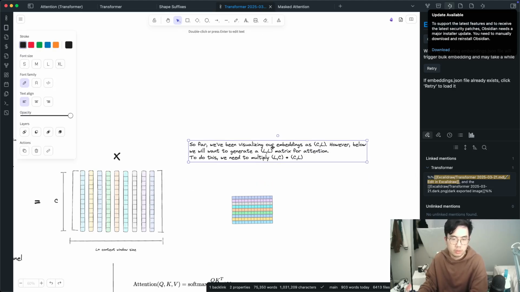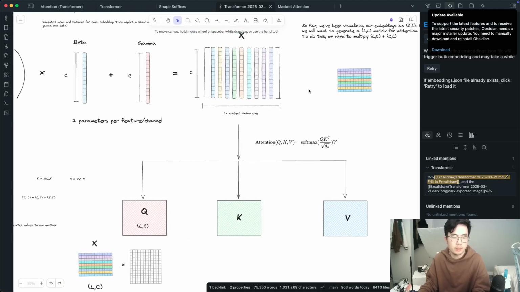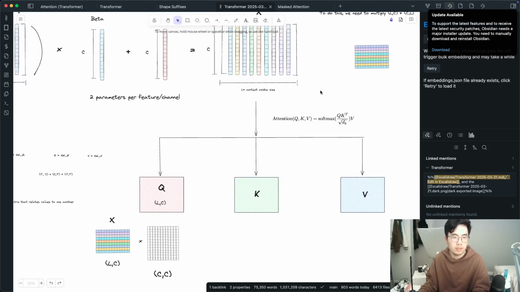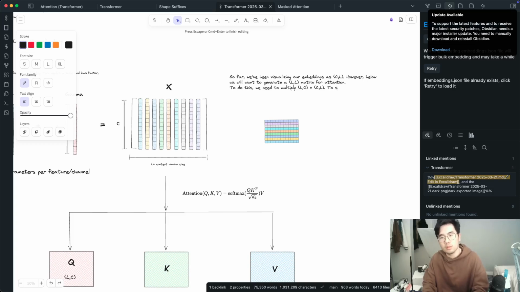You could say Q transpose. If it's CL, you need to do... to stick to the paper.